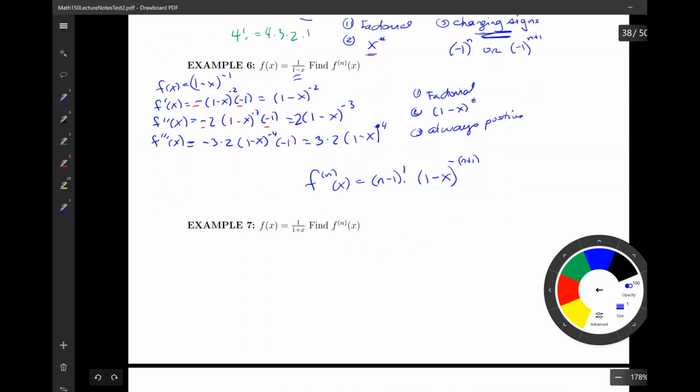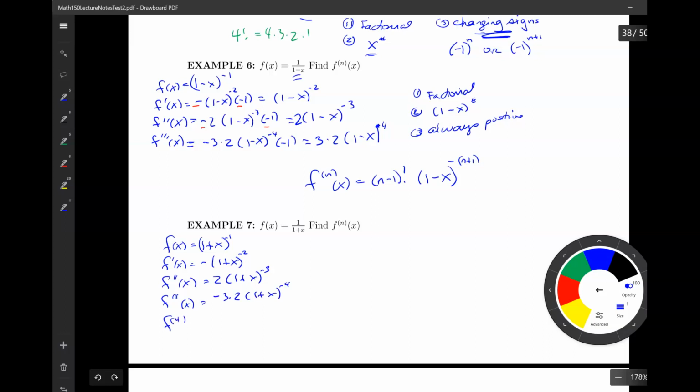All right, let's just finish this last one up. So the function will be 1 plus x to the negative 1 power. So negative 1 plus x to the negative 2. So these 2 negatives make a positive. Third derivative, negative 3 times 2.